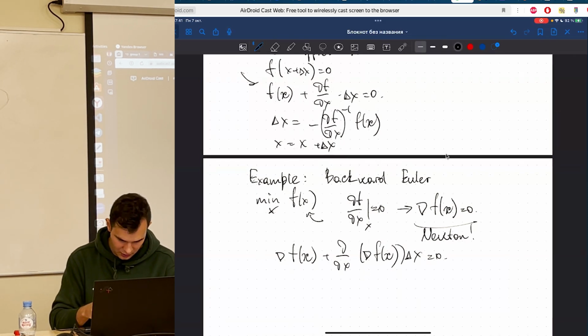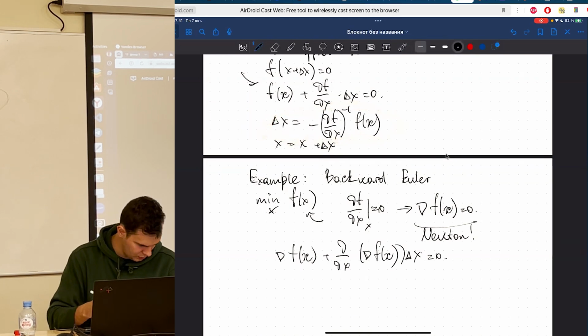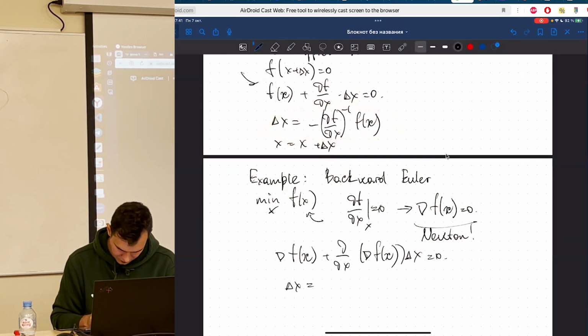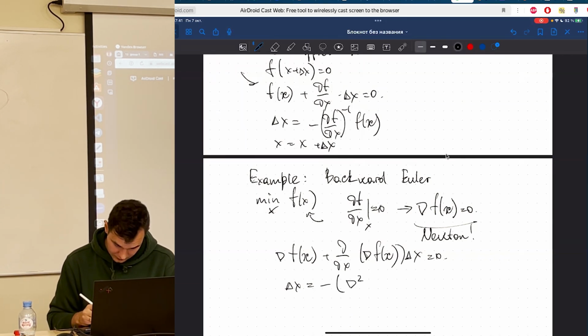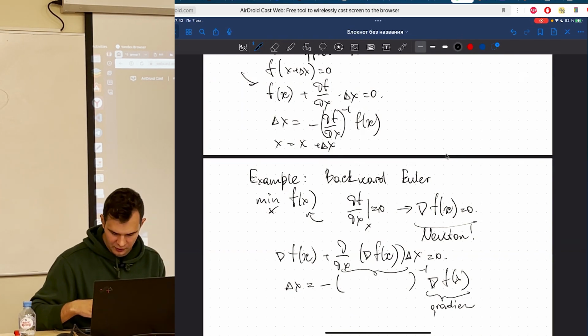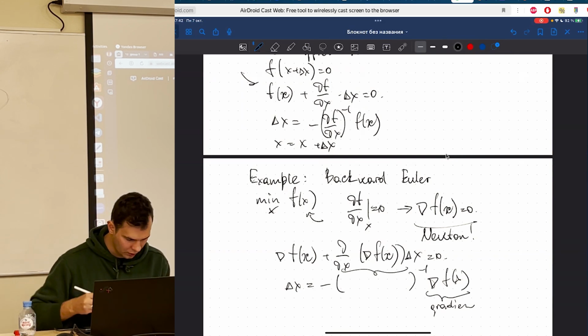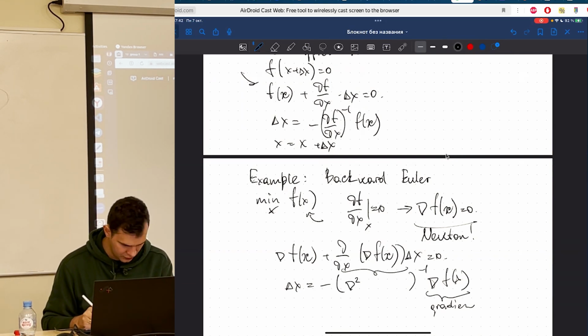And from here, just like I drew here, you need to compute what the delta x will be, and it will be minus this stuff, the gradient of f(x). Here it's like a gradient of a gradient. It's also called a Hessian, or it is denoted as the gradient to the power of 2 of f(x).